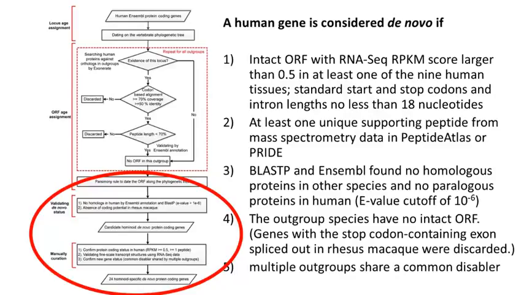We discarded cases where the stop codon containing exon was spliced out in rhesus macaque. Finally, we require that multiple outgroups share a common disabler. This last criterion is important for distinguishing origination of a new gene in human from loss of an ancestral gene in the outgroup species.